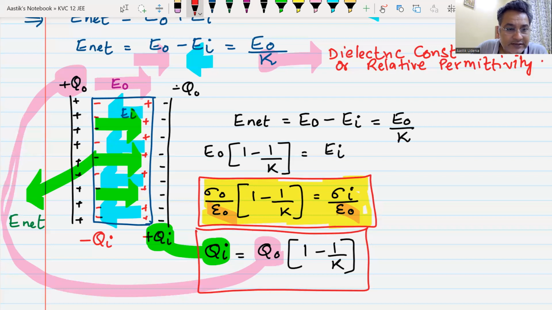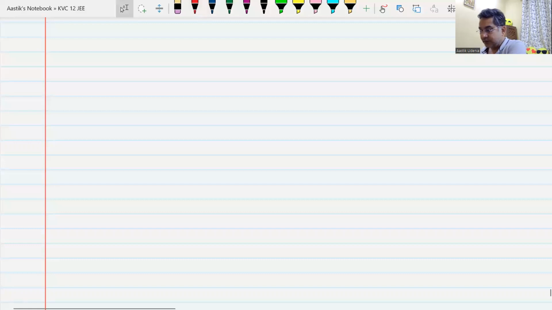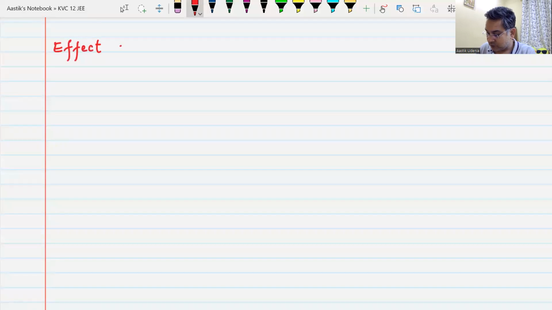And what is the next heading? The next heading is known as effect of dielectric on capacitance. Effect of dielectric on capacitance. Now we venture into the JEE Main territory as well as JEE Advanced territory.